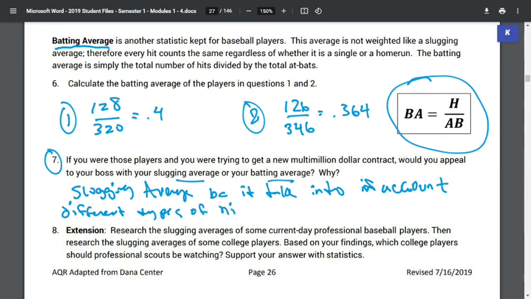What I mean by that is when you have your batting average, a hit is a hit. So even if it's a home run, it still counts as much as a single, whereas your slugging percentage, a home run is going to count 4 times as much. So your slugging average is a better metric to use.